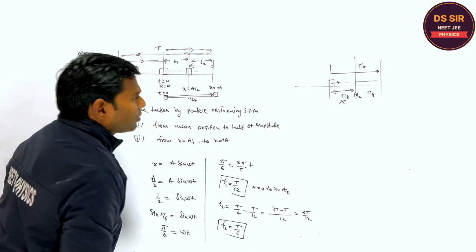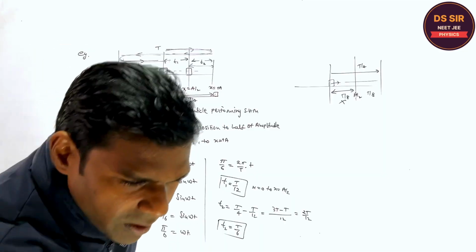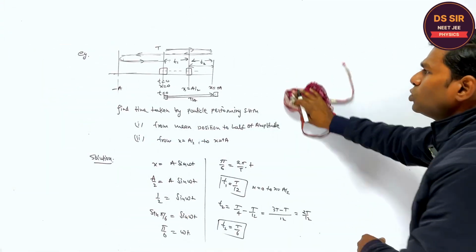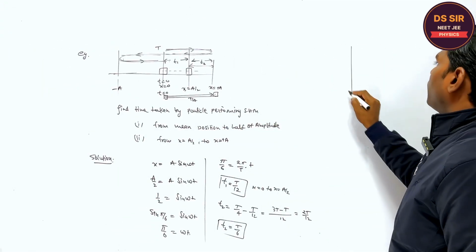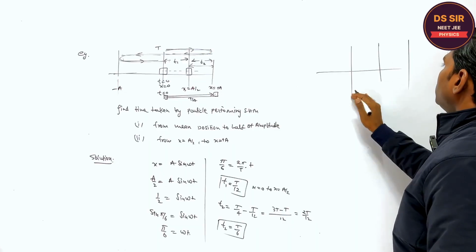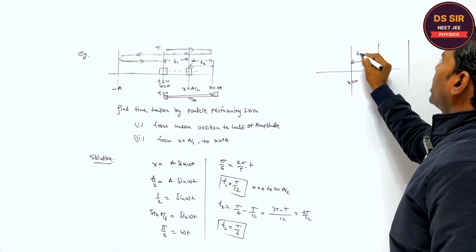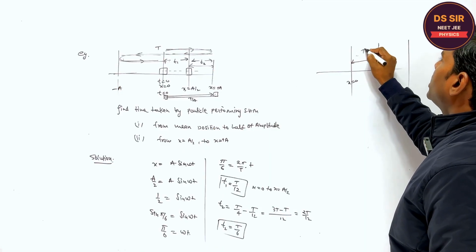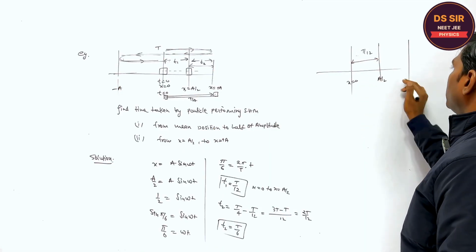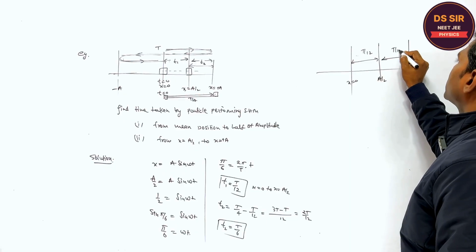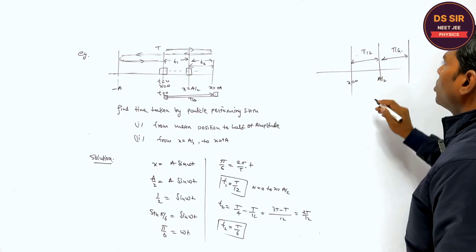Is it clear or not? You will always remember, it is used many times: from mean position to half of the amplitude, time taken is T by 12, and the remaining time is T by 6.